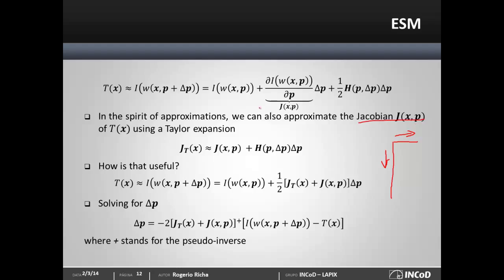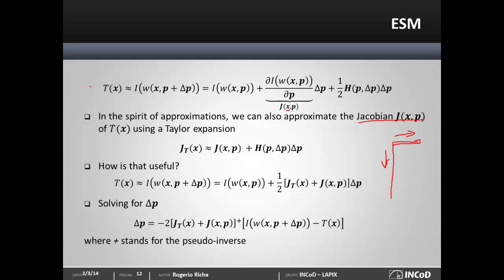Instead, in my equations, J is a vector, a different vector for every pixel x, and it corresponds to a row of the Jacobian from the original ESM paper. This is just a side note so that you're not confused when you're reading the original paper.